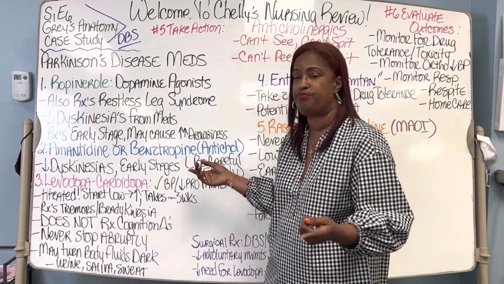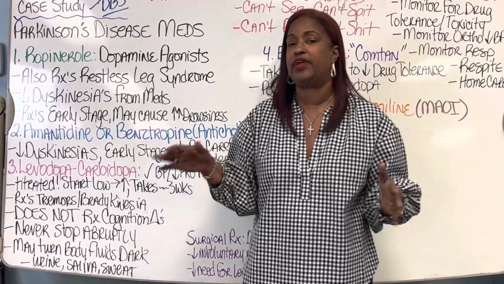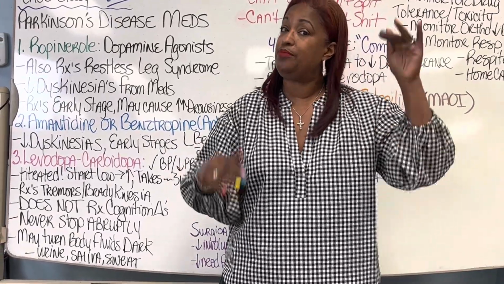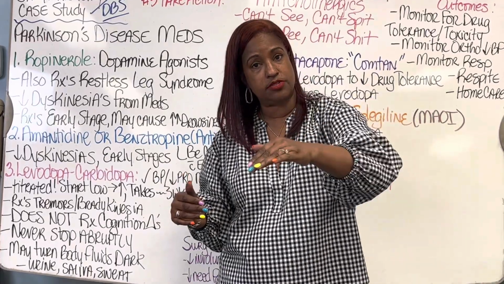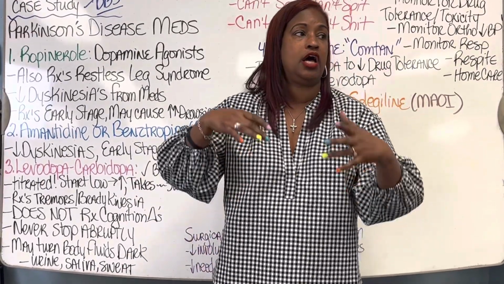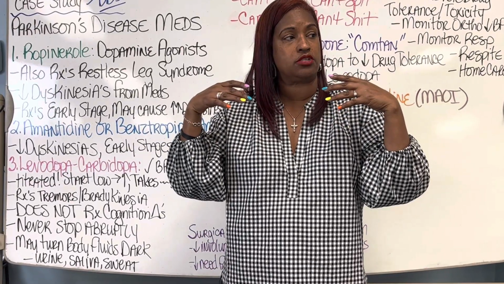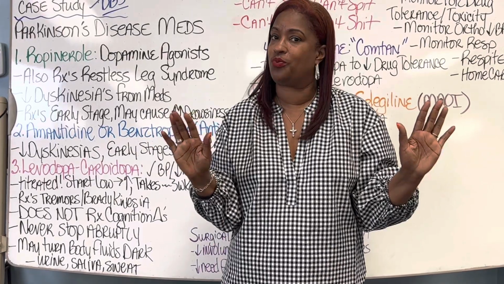Remember what we gave benztropine for in the psych patient, because this is Cogentin. Remember what we gave it for, y'all? You remember them EPS symptoms, extrapyramidal symptoms? You might remember dystonia, akathisia, you had your tardive dyskinesia, and then you had something weird called what?